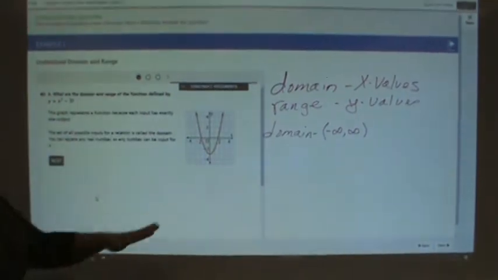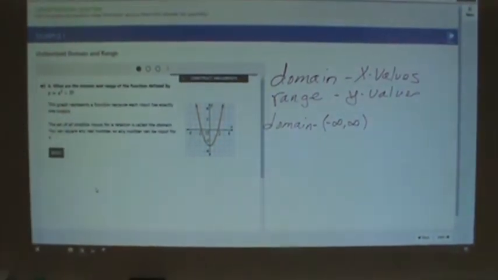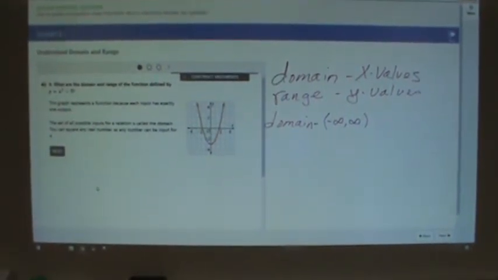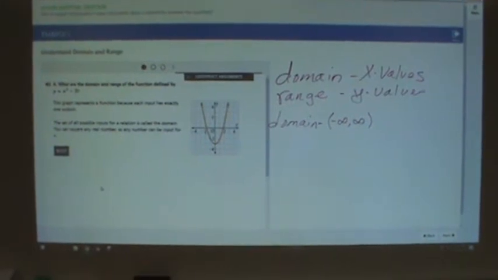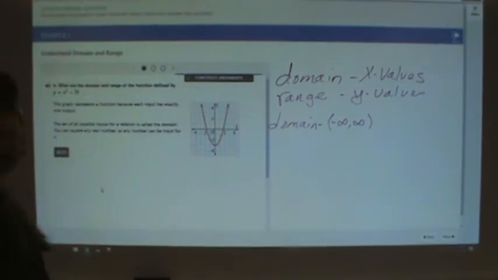Now, this type of notation is called interval notation.